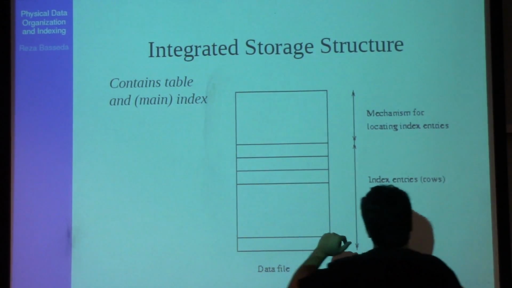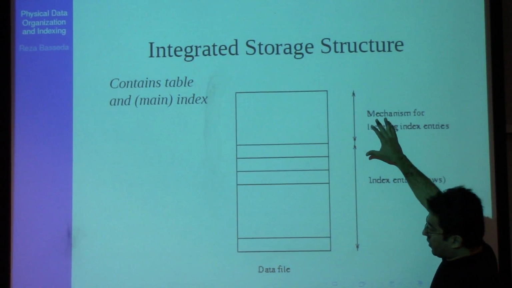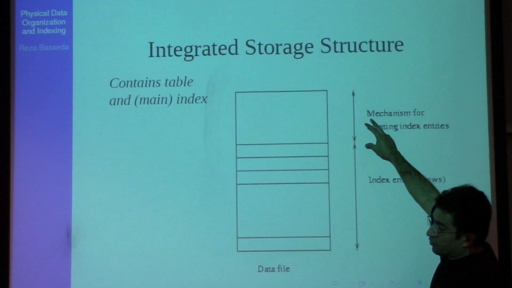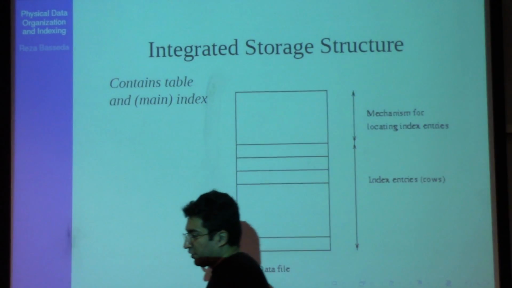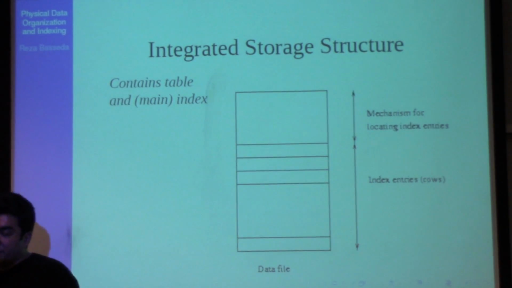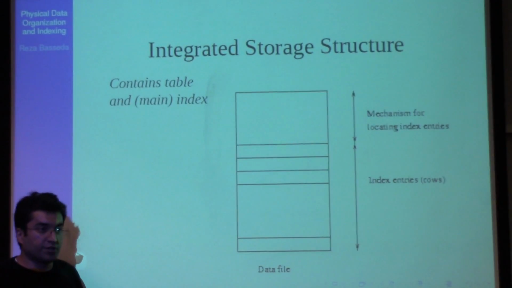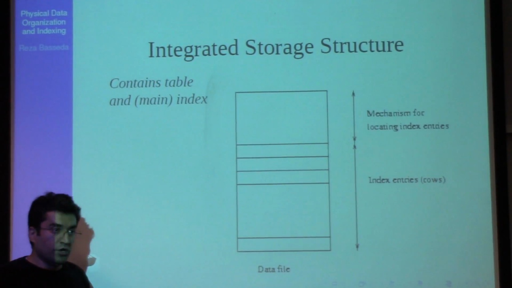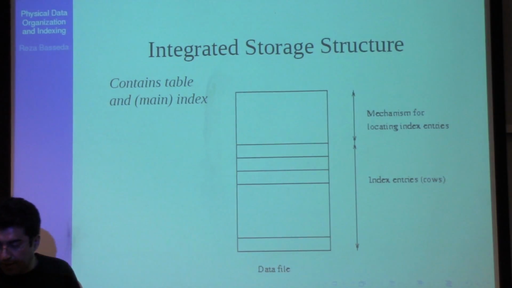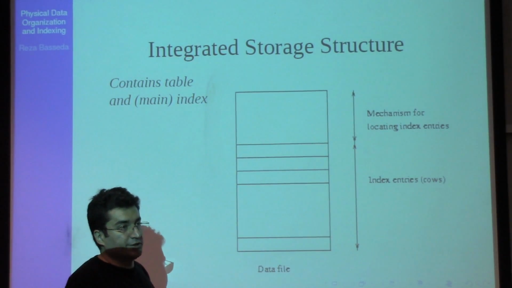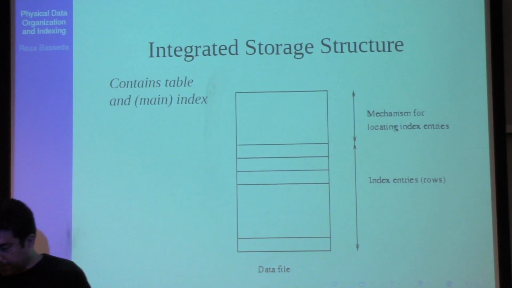In the integrated storage structure, some part of the data file is required to keep the index, or generally the mechanism for locating index entries. Okay, a data structure and sometimes also an algorithm together, and the rest will be the index entries or rows.